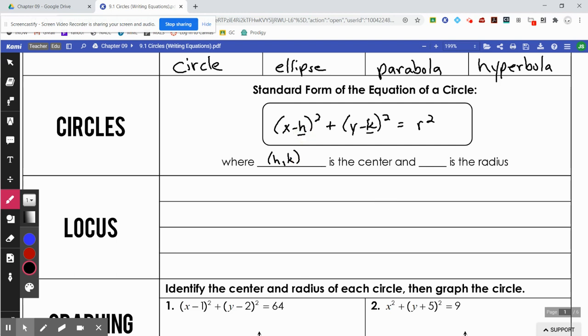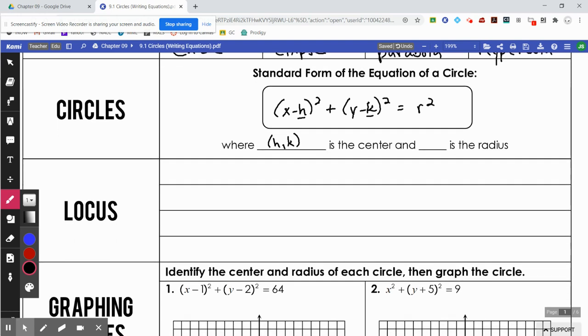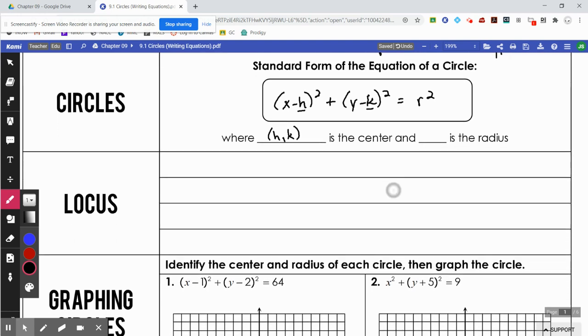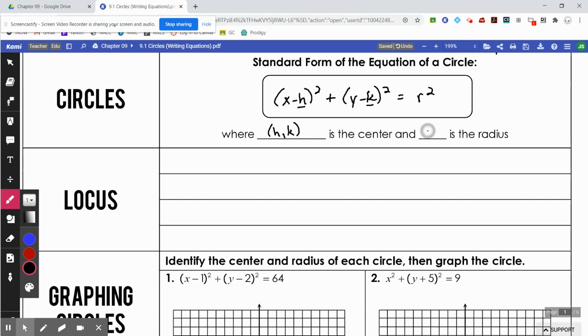If you just had x squared plus y squared with no h's and k's, the minuses and pluses there shift your circle left or right or up and down. So that's what the h and k is. It shifts your center. It is the center of the circle, and r, plain old r, not r squared, would be the radius. So this over here is not the radius. This is the radius squared. So if this is a 49, that means the radius would be 7.